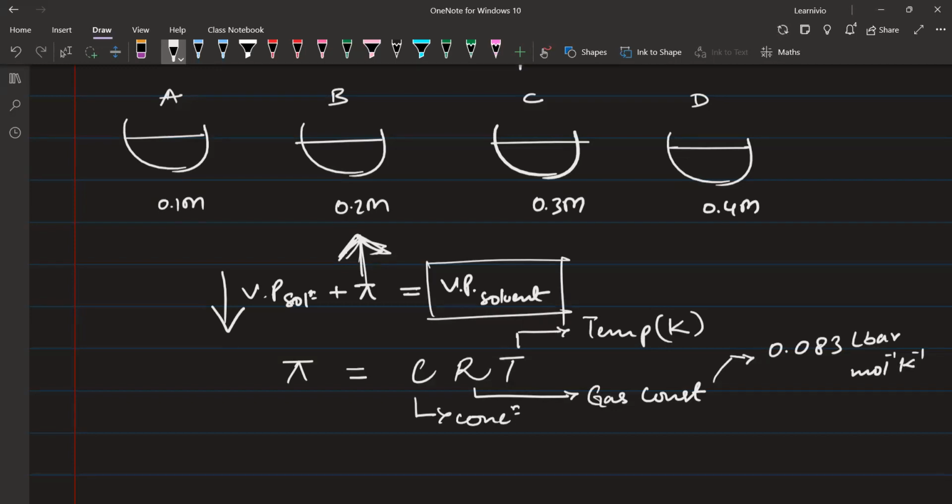Or in the ATM case also you can use the same thing, but ATM थोड़ा सा अलग होता है, 0.082 लीटर ATM per mole per Kelvin. What is pi? Pi is osmotic pressure.